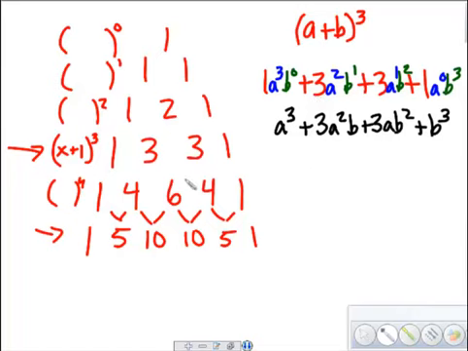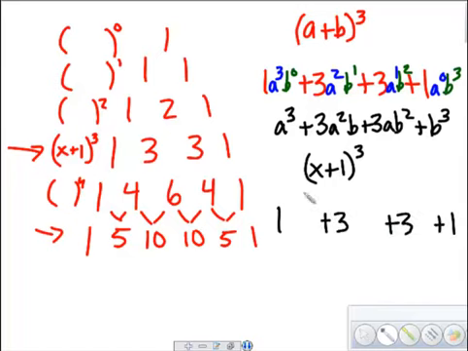So let's go back and use that (x plus 1) to the third power and see how we can multiply it. If you guys are interested in this method, it's going to save you some time. So x plus 1, and then it's to the third power. I know it has the coefficients 1, 3, 3, and 1.